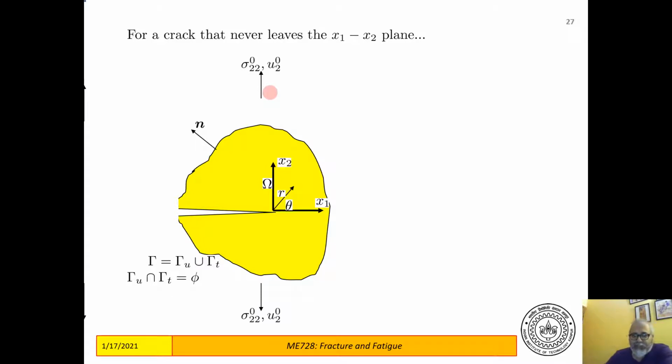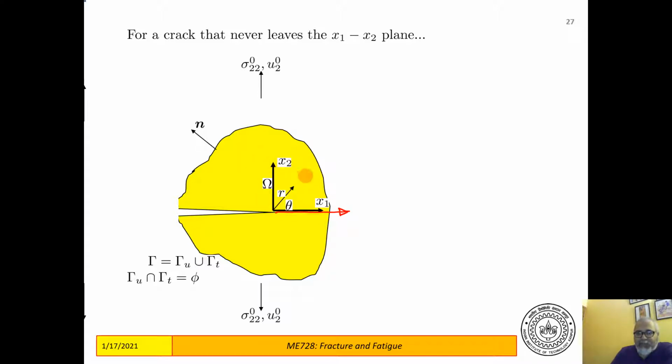All the loading is on the plane. And then I can divide the loading into two parts: a symmetric part and an anti-symmetric part. Symmetric part means symmetry about this axis, symmetry about the crack axis.